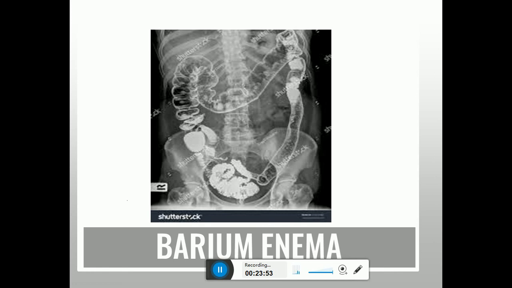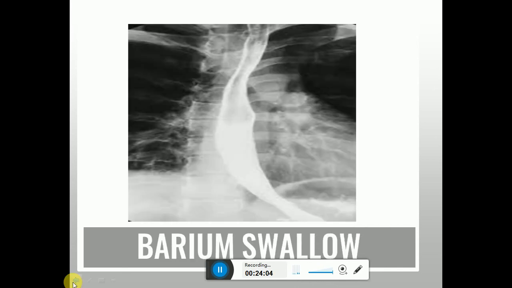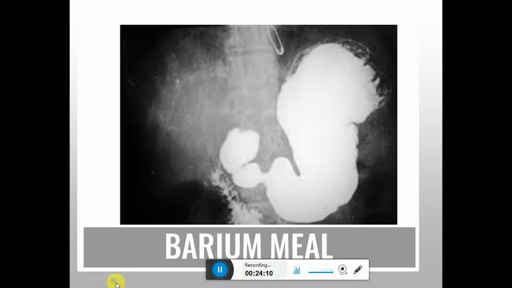So under this contrast study, using this contrast medium to study the alimentary canal, we have seen barium swallow, where we can visualize the esophagus, and barium meal, where we can visualize the stomach.